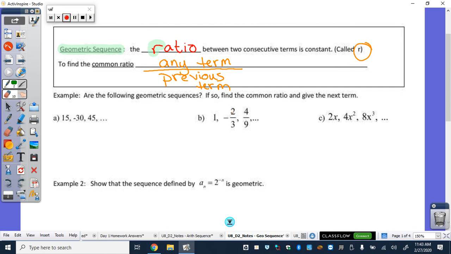So A, is that being multiplied by everything? Nope, because this would be times -2, but times -2, is that 45? No, so that one is not geometric. How about letter B? Yes. What are we multiplying by? -2/3.